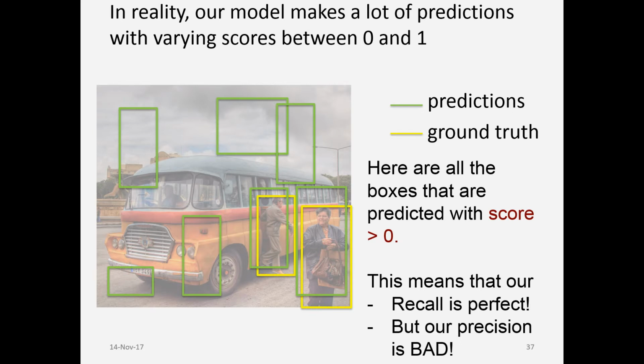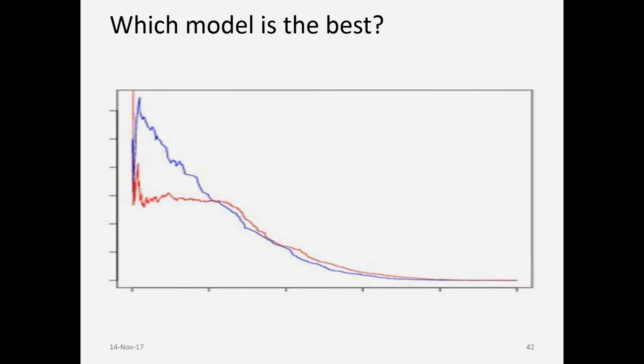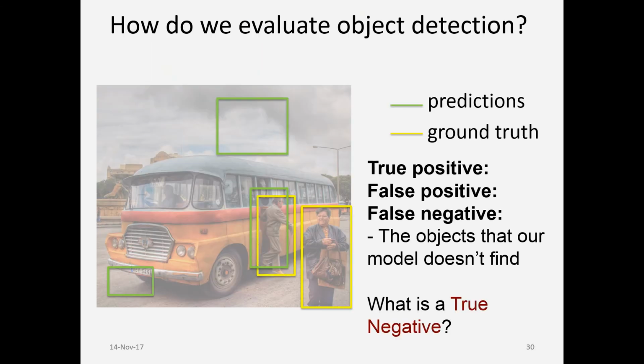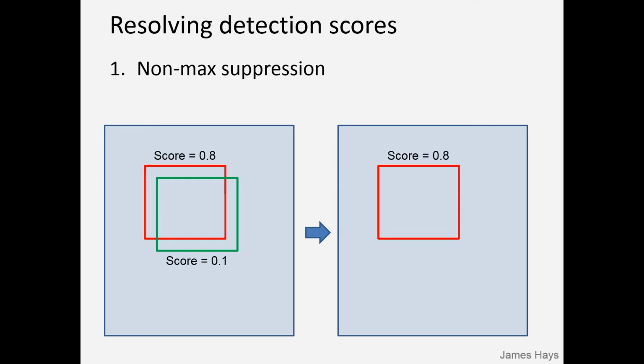Yeah, if you want to count it as one, then you should do non-maximum suppression. You should just merge the boxes together. Actually, I think OpenCV has that function. I can even show you the code afterward.